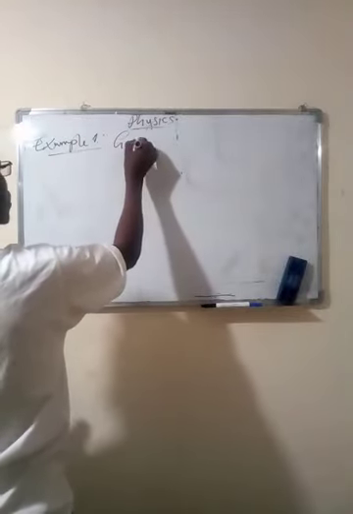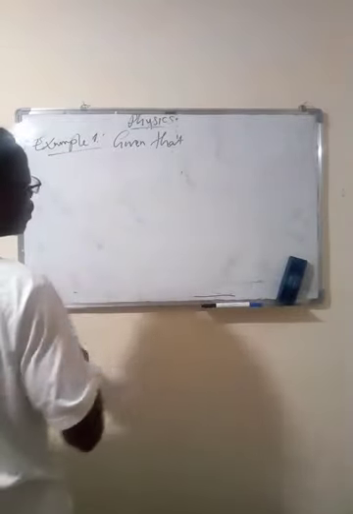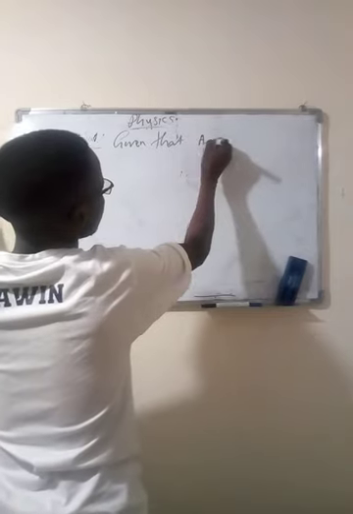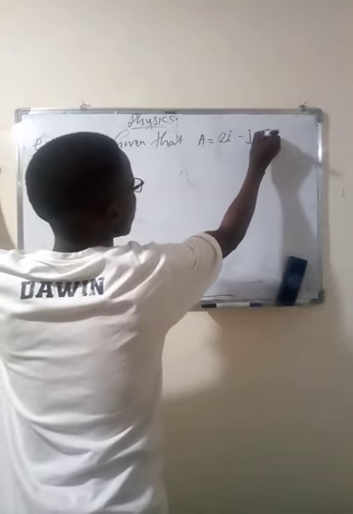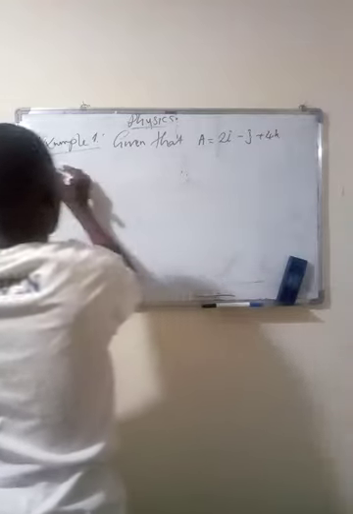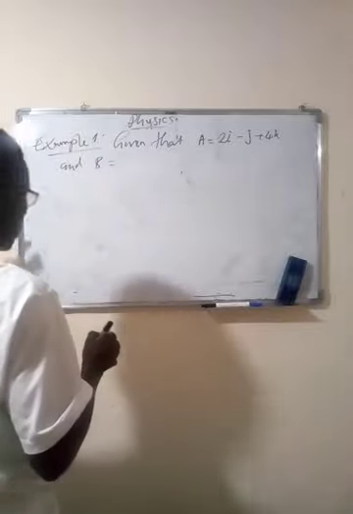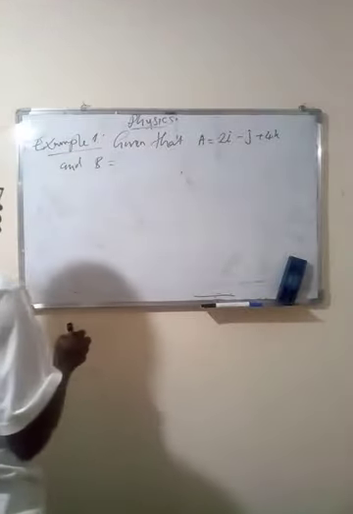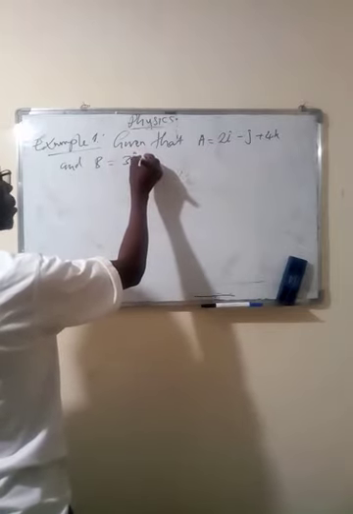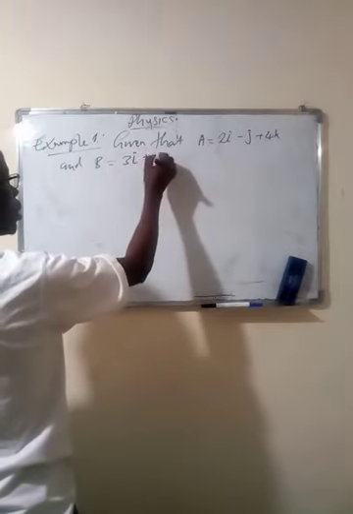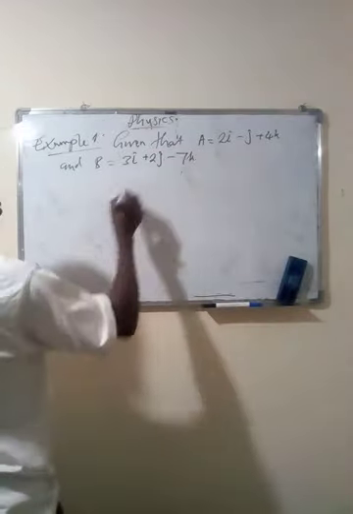Given that A is equal to 2I minus J plus 4K, and B is equal to, let's say, 3I plus 2J minus 7K.